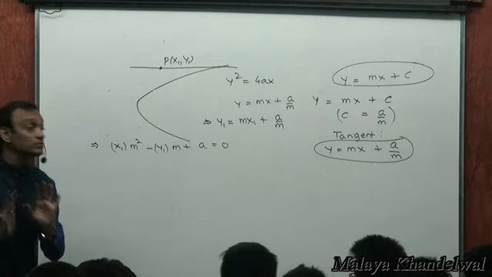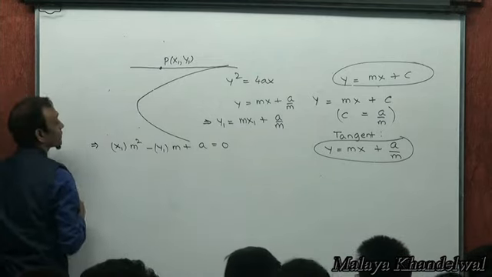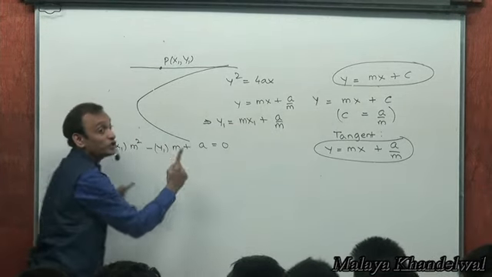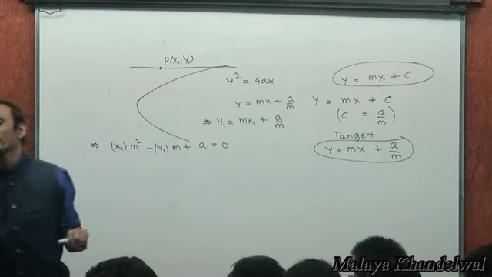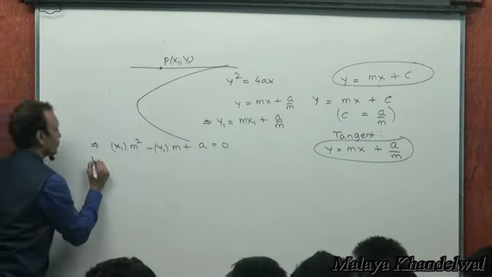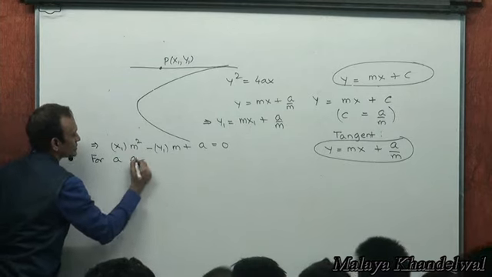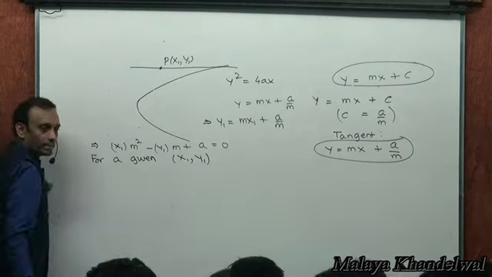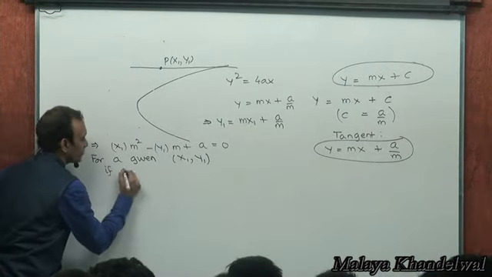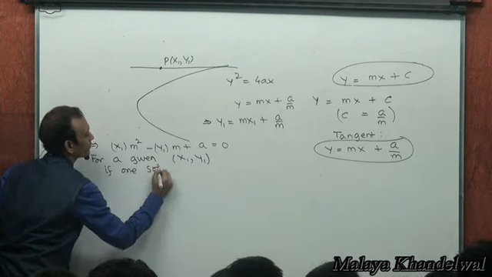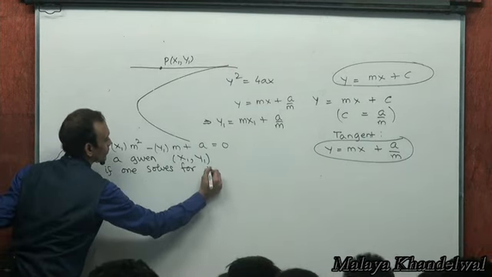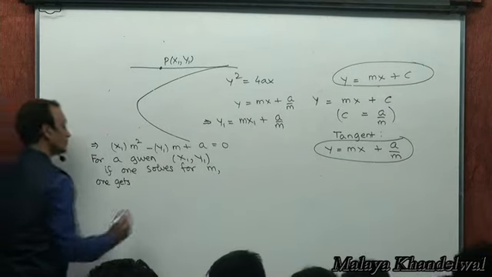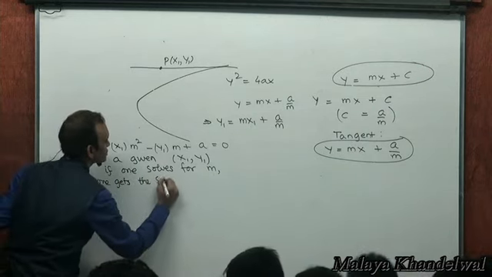Now what does it mean? It means that for a given x1, y1, if you solve for m, you would get the slope of the tangent drawn from x1, y1 to the curve, right?